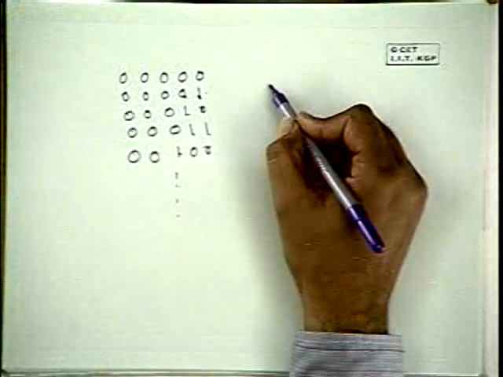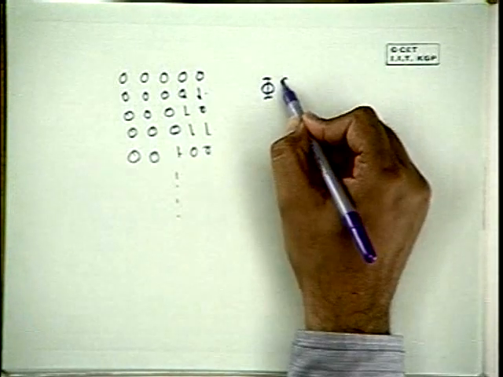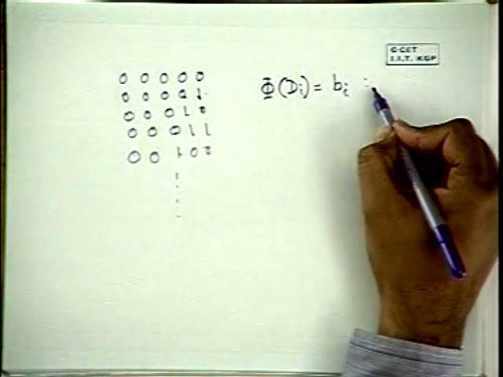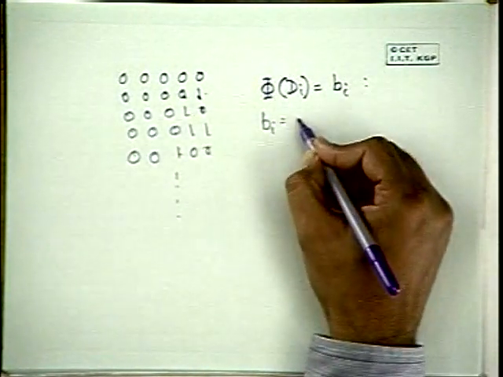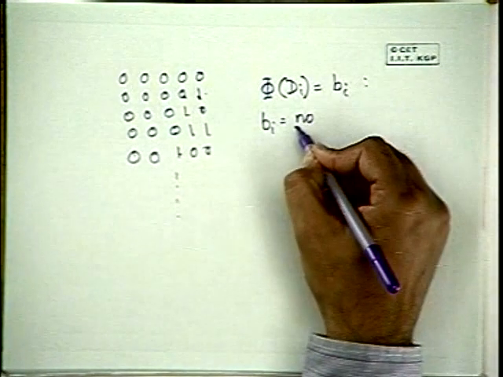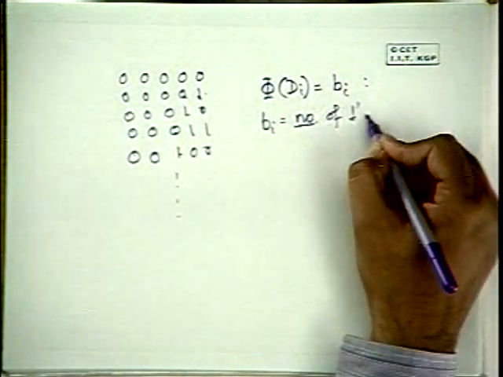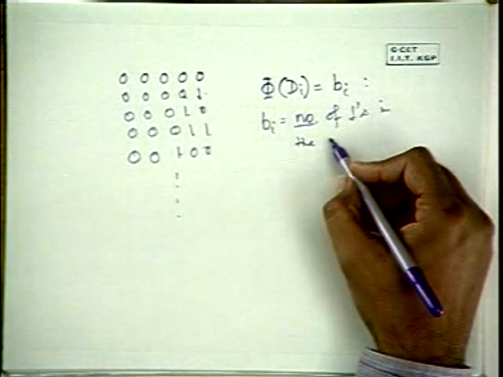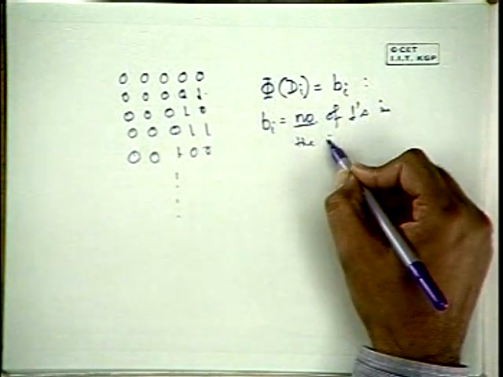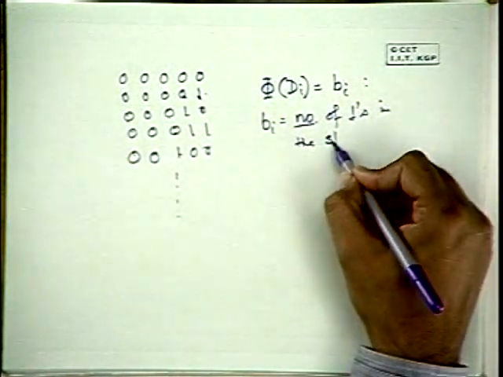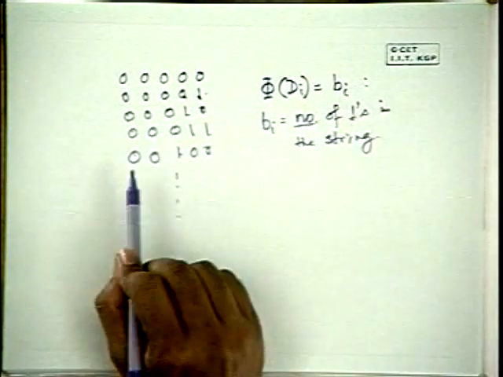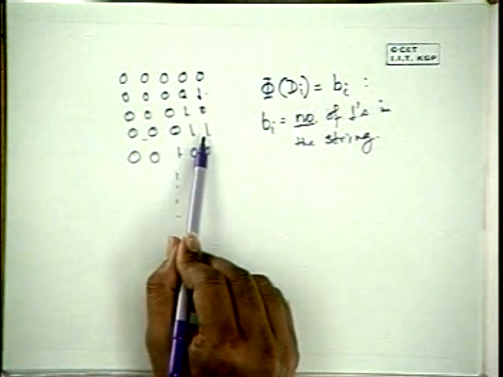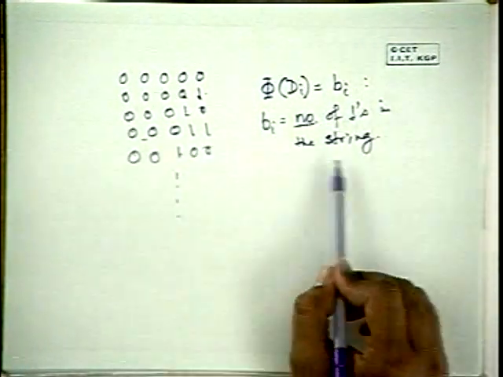Suppose for this one, our potential function, we define like this: phi of Di is equal to bi, where bi is equal to the number of ones in the string. So basically, here what is bi? It is 1 only. What is bi here? 2. There are 2 ones. That is basically the number of ones.